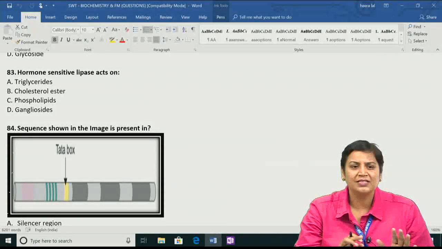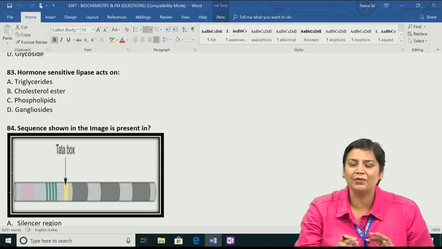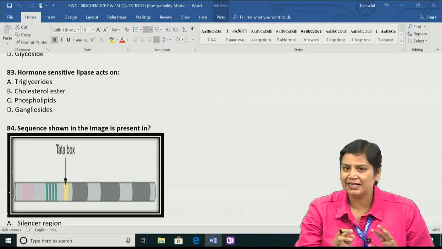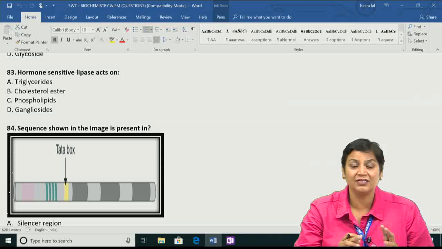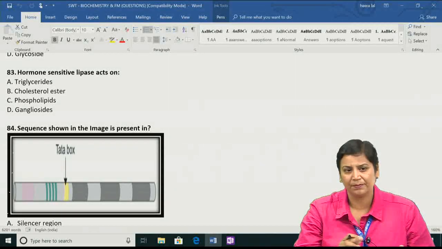Hormone sensitive lipase will always act on the triglycerides, breaking the TAGs into DAGs, diacylglycerols, then into MAGs, monoacylglycerols, and finally forming free fatty acids and glycerol, which can finally undergo beta oxidation.